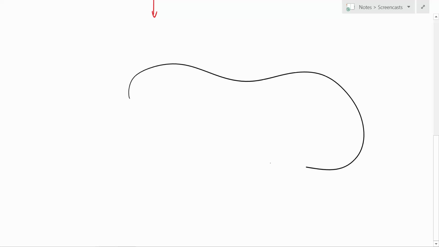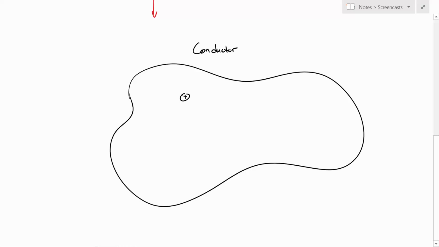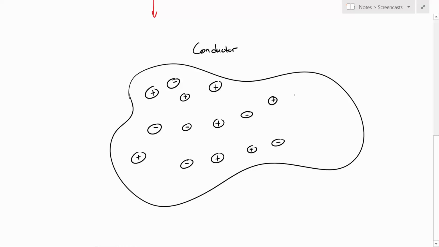And so the interesting idea about this is that if we have a conducting blob, then we think of this as being just kind of a sea of positive and negative charges, because all of these charges are free to move in here. And because, as we're going to get into later on, all of matter is made up of atoms, and atoms are made up of charged pieces.